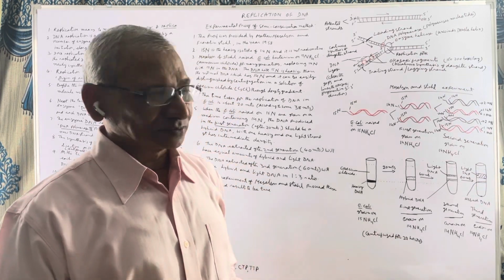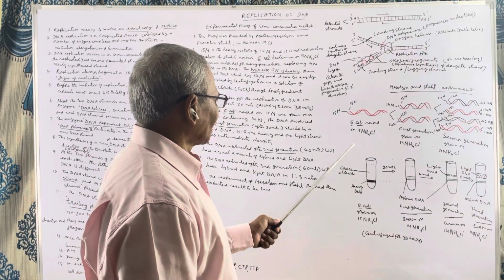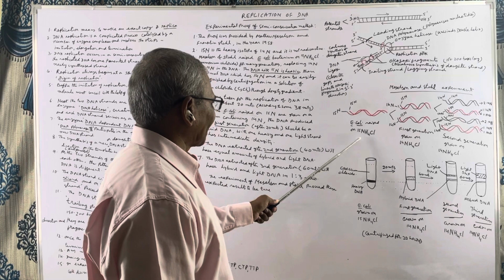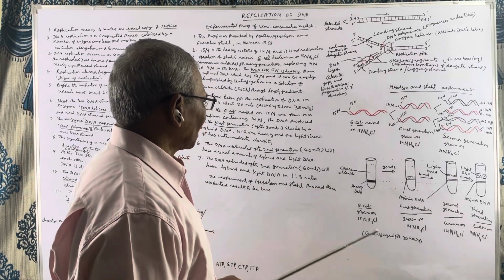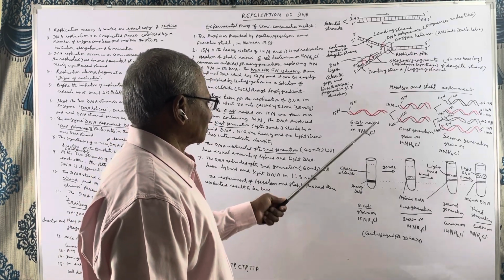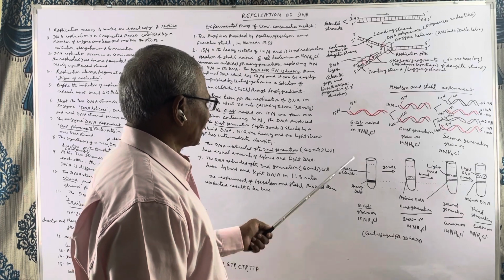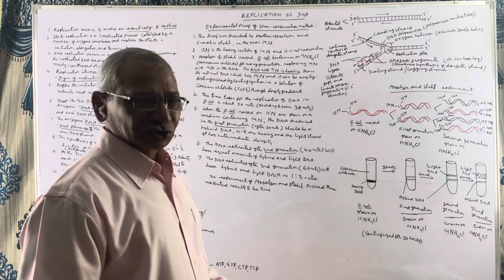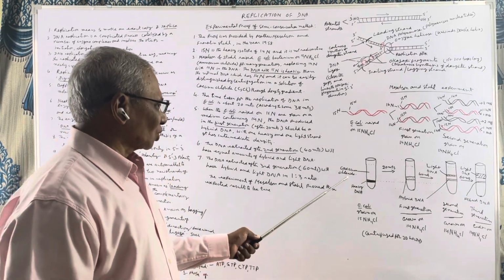They have proved it. How they have proved it? First they have taken some E. coli, raised on 15NH4Cl, taken out their DNA and centrifuged in a solution called cesium chloride.